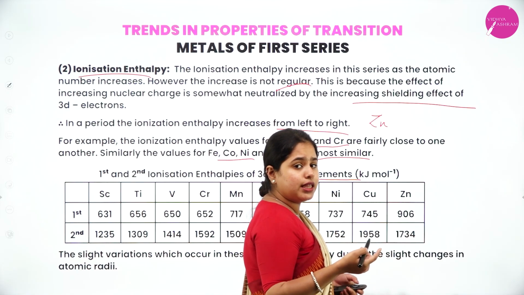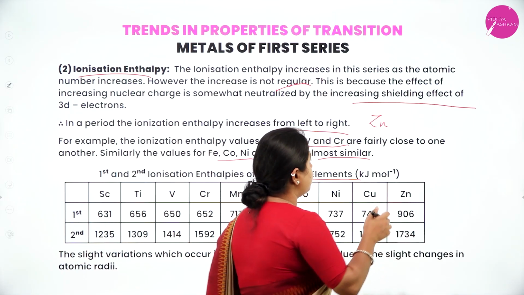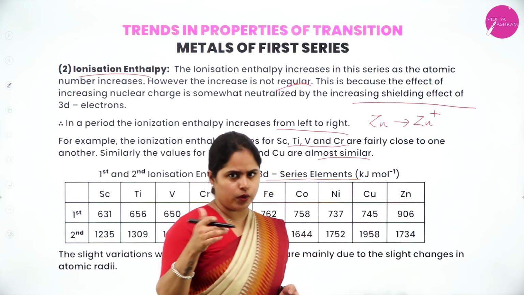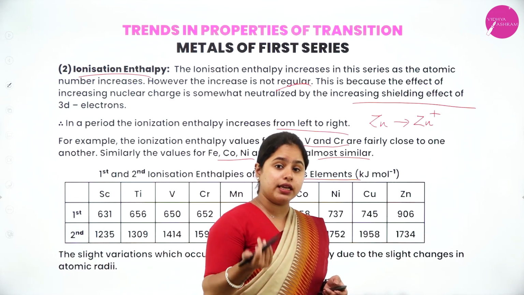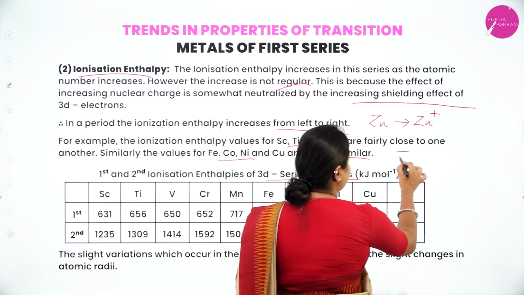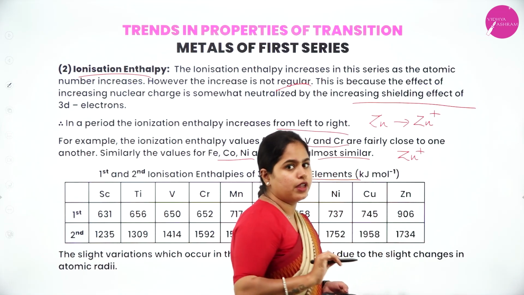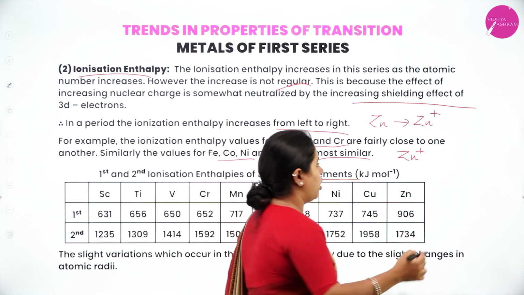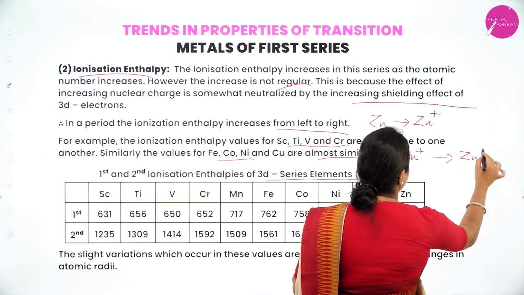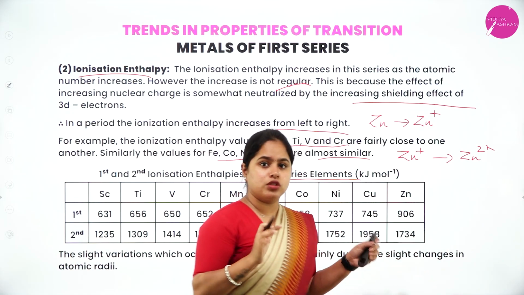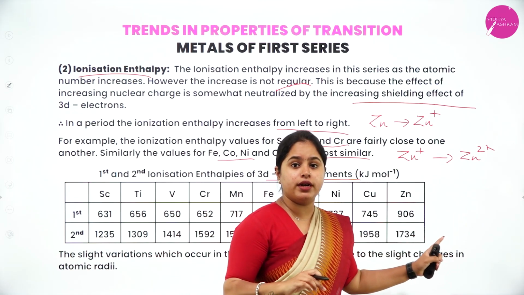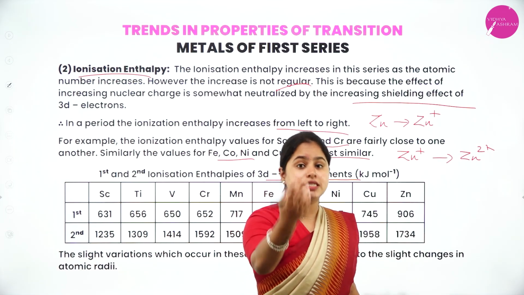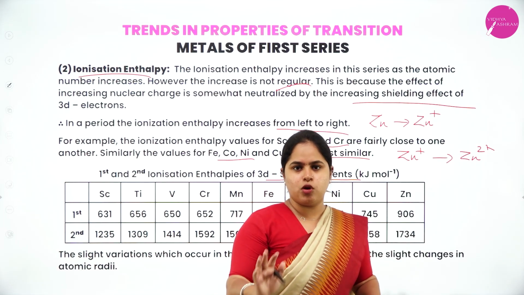First ionization enthalpy is the enthalpy required to convert Zn to Zn+, that is, one electron is lost. Now what is second ionization enthalpy? From Zn+, we are going to remove one more electron and form the Zn2+ ion. The enthalpy required to convert Zn+ to Zn2+ is called the second ionization enthalpy. I hope that is clear.